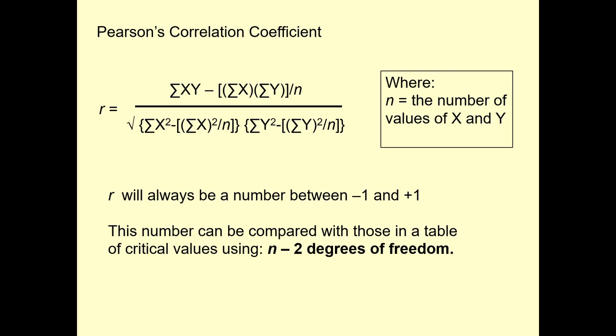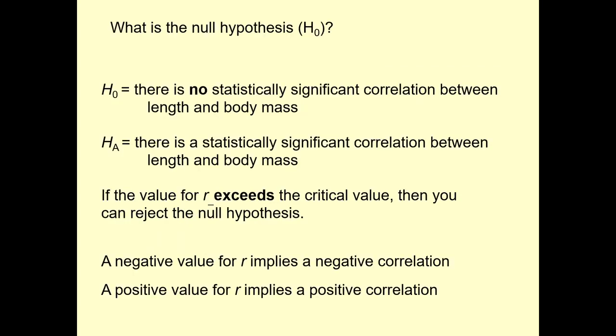Now, why do we need a critical value? The critical value is going to allow us to accept or reject the null hypothesis. So in this case, the null hypothesis, H0, means there is no statistically significant correlation between length and body mass.